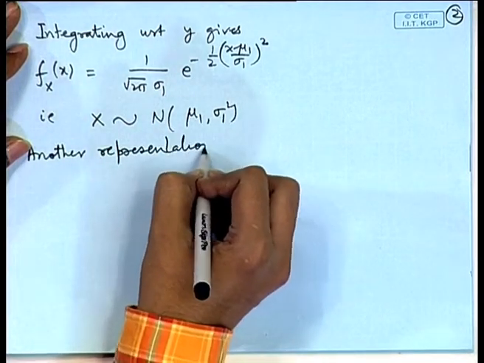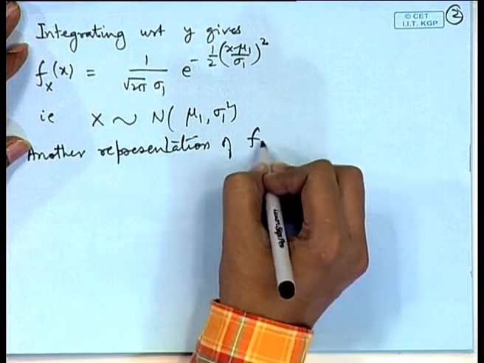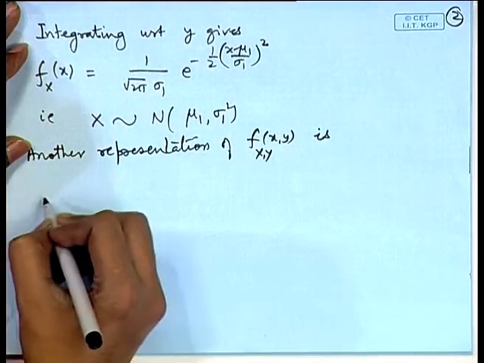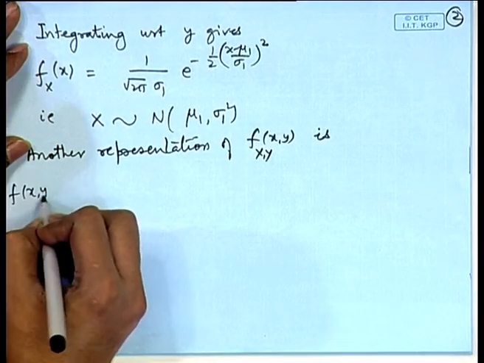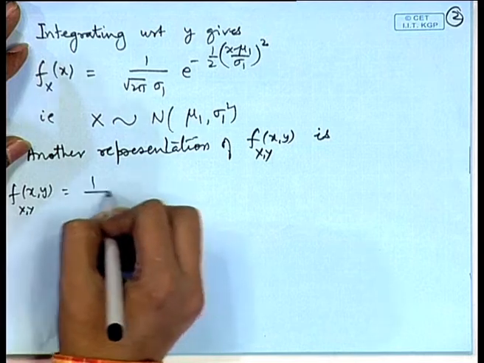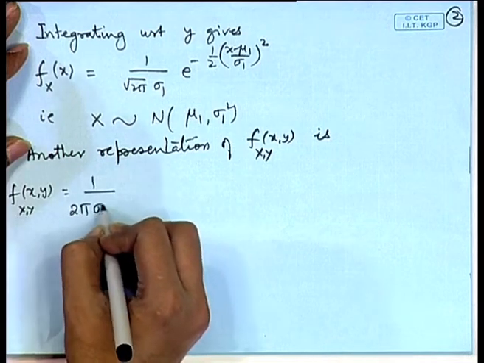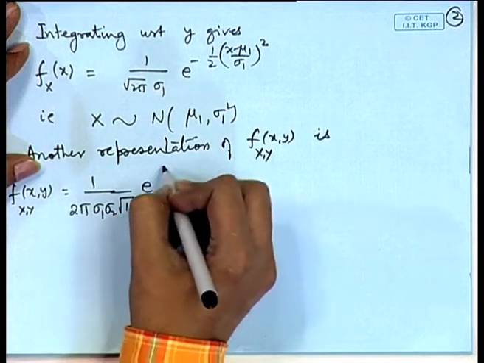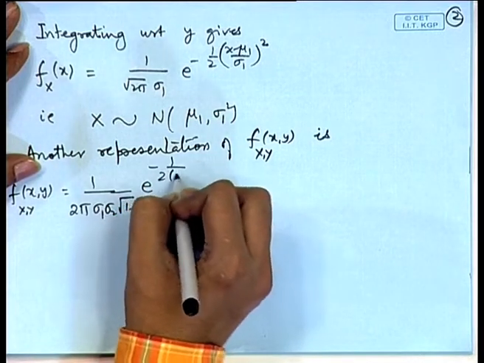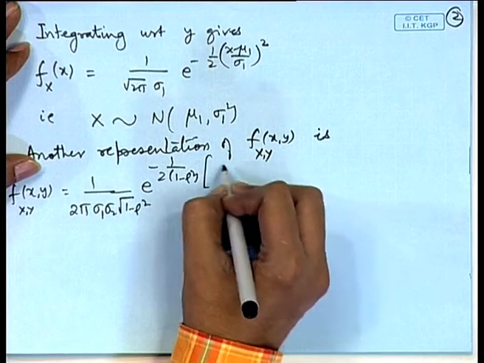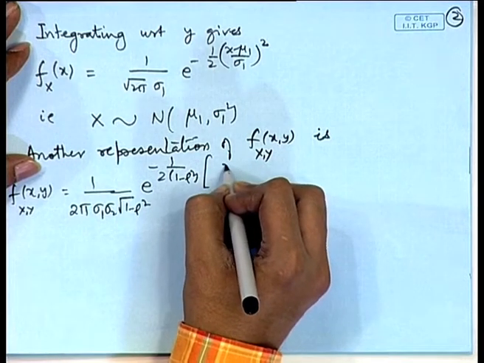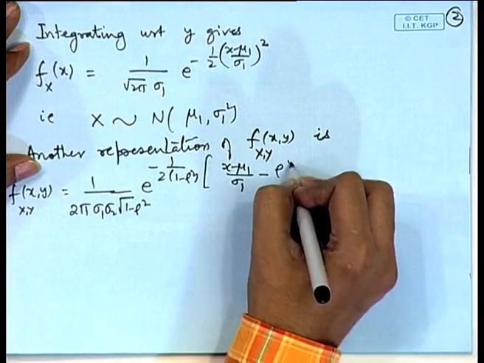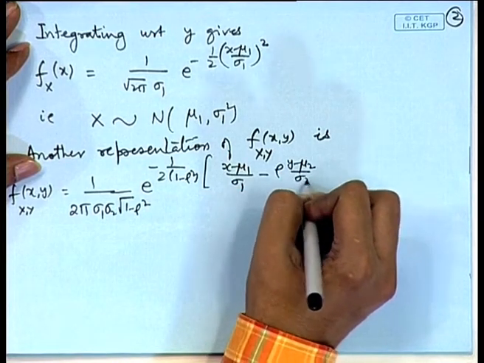Another representation of f(x, y) can be 1 by 2 pi sigma 1 sigma 2 root 1 minus rho square, e to the power minus 1 by 2 (1 minus rho square), and now I make a square with respect to x. So, (x minus mu 1 by sigma 1 minus rho (y minus mu 2 by sigma 2)) whole square.